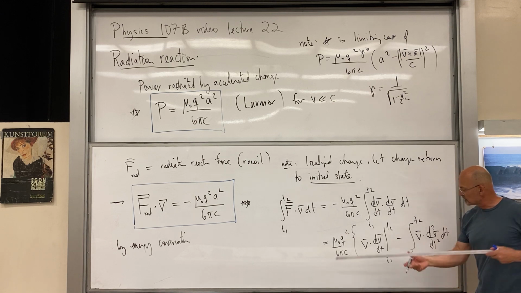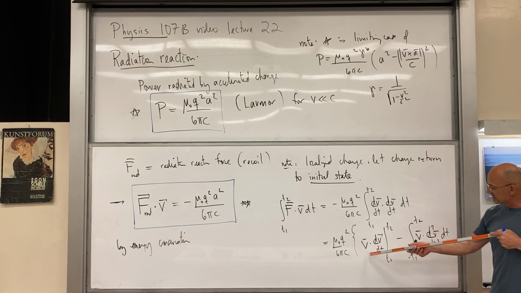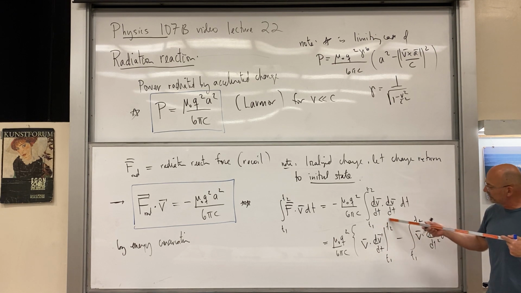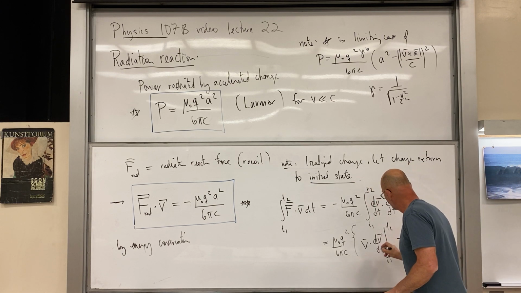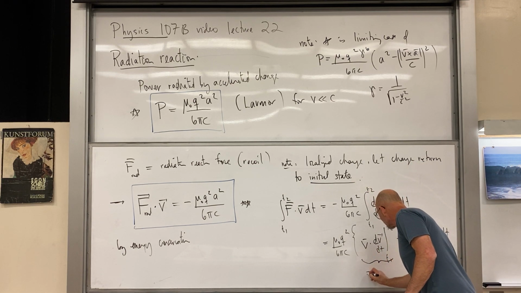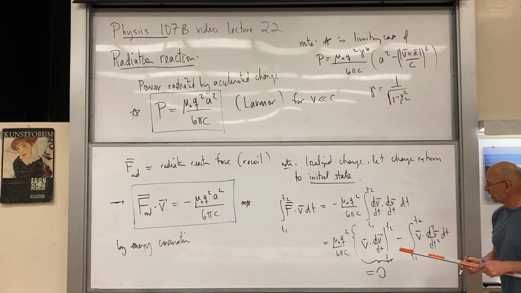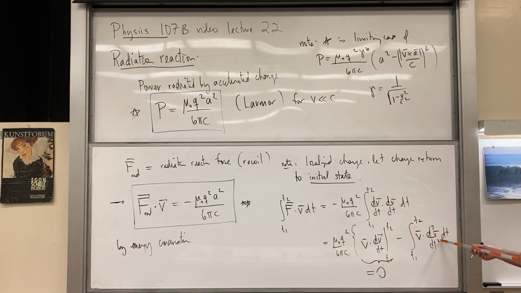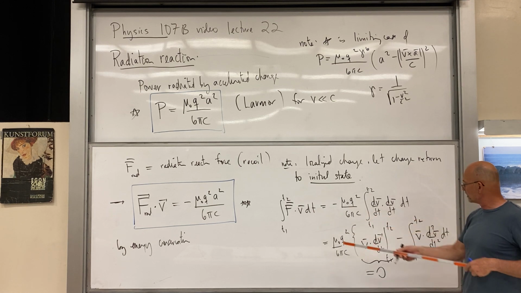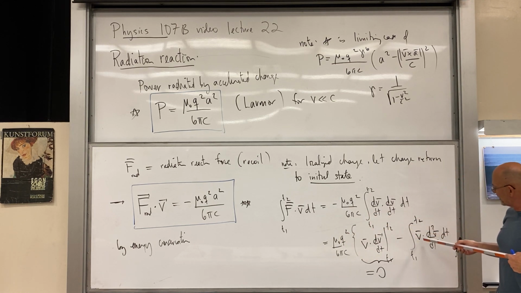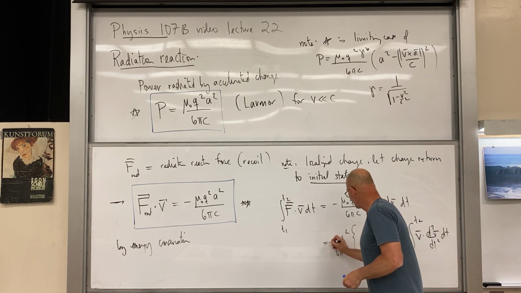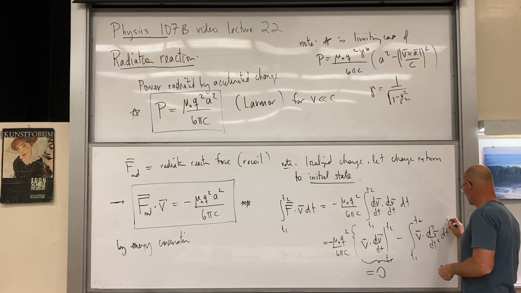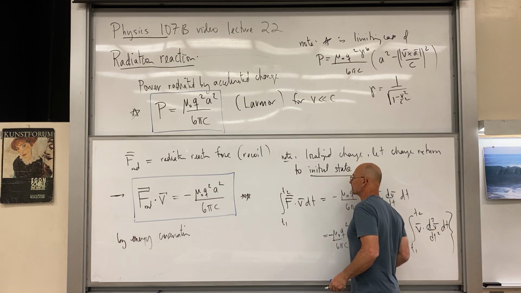So this returning to the initial state allows us to eliminate this boundary term here. The initial state, therefore we can let that equal 0. And we'll bring everything under one integral now because we have a common v here. And I had a minus here, so I have a minus times minus is plus, close parentheses.